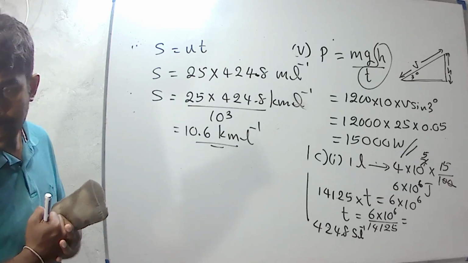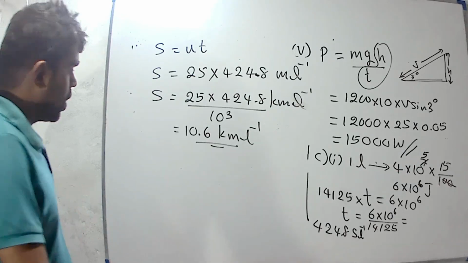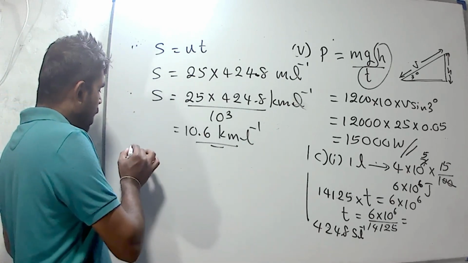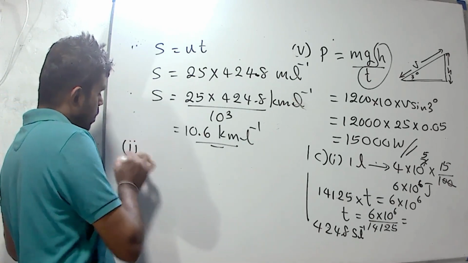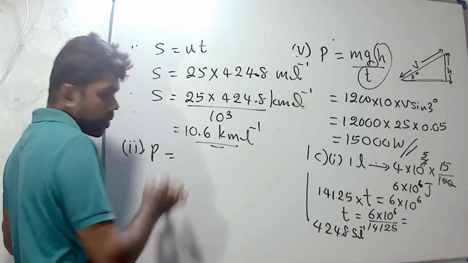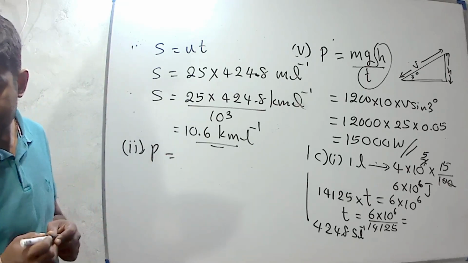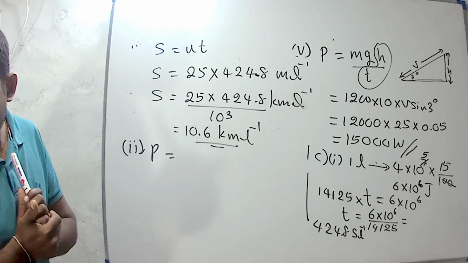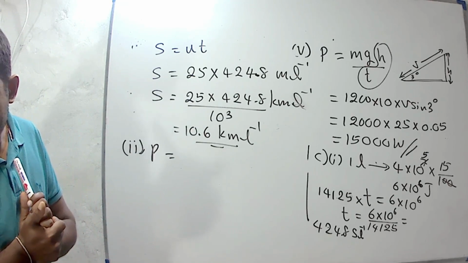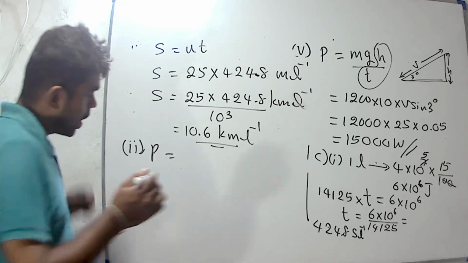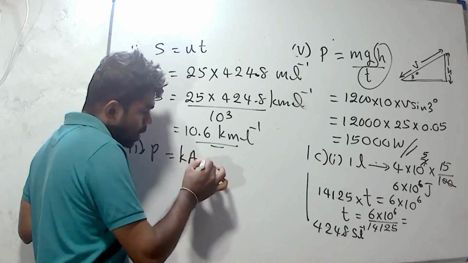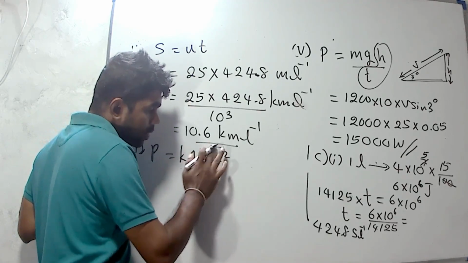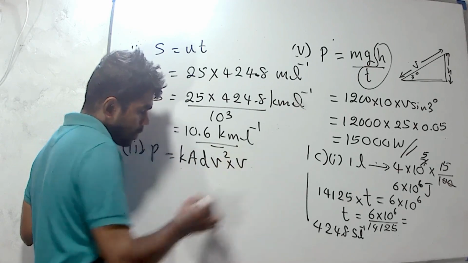It should be 35. Therefore, now the required power. We can write power by using the derived equation K A d V squared multiplied by V.